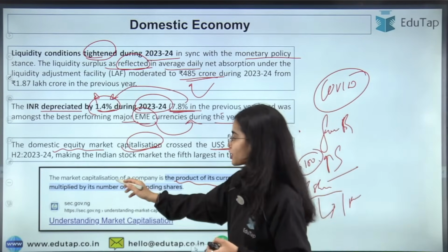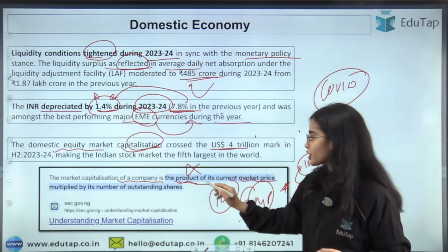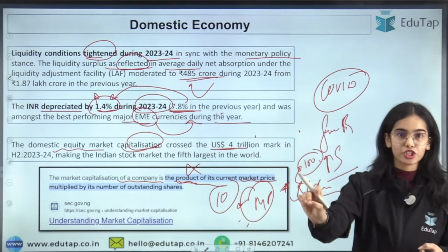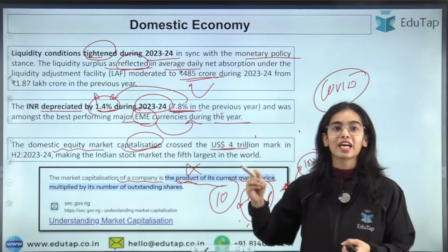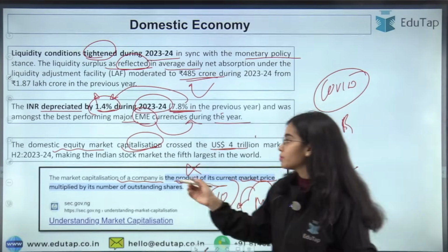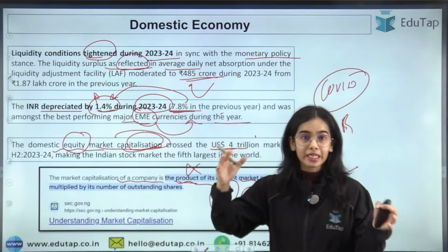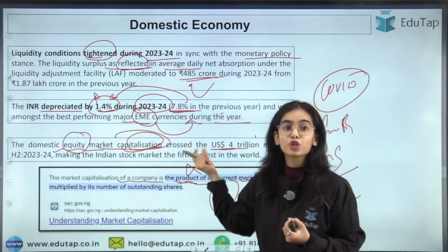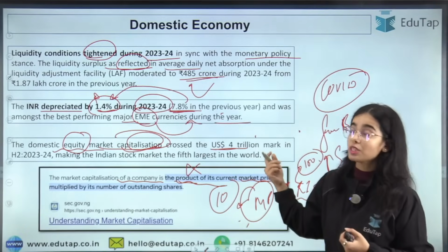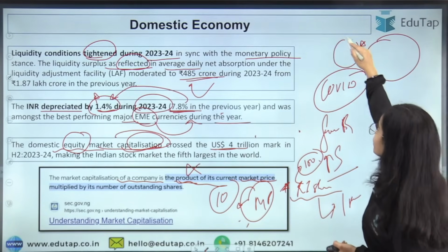So the market capitalization of a company is the current market price of the share multiplied by the total shares that have been released in the market. Similarly, the equity market capitalization means the total share market value, that is US $4 trillion. That means all the shares in our market multiplied by the value of all the shares.